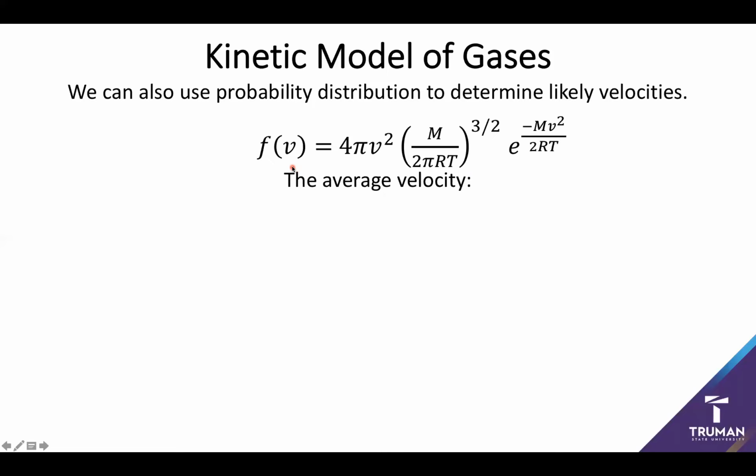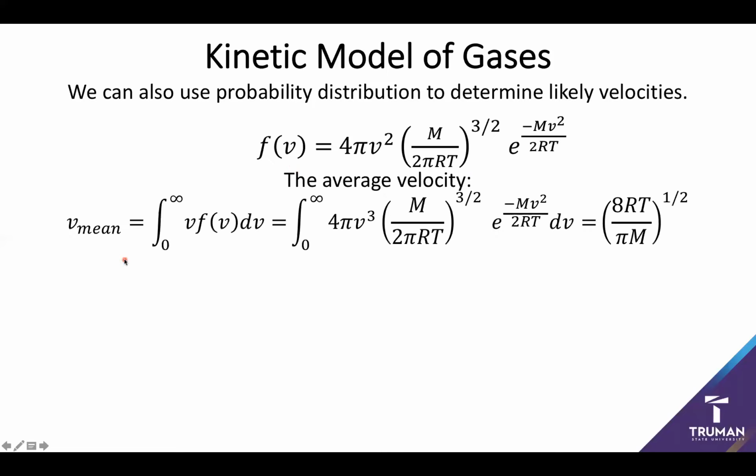It turns out we can use a nice little trick of calculus, where the mean of a value, or the average velocity, can be taken as the integral over all space. Notice that when we switched from Cartesian to radial coordinates, the velocity has to be positive, so I'm going to go from 0 to infinity.